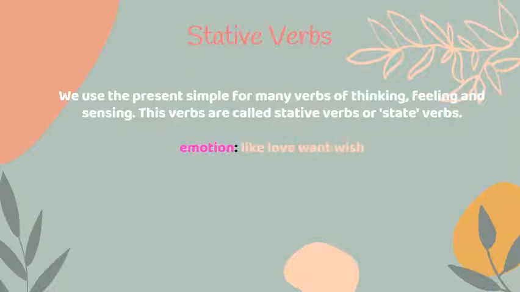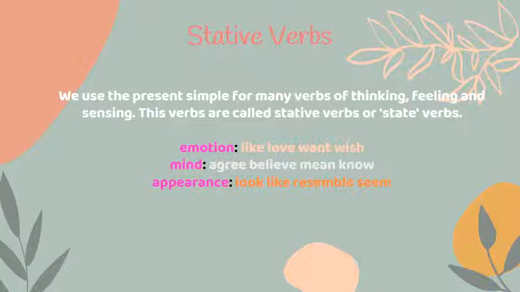Emotion verbs, we mean feelings, like love, want, wish, feel. Mind, or thinking: agree, believe, mean, know, think. Appearance, to talk about the appearance, we use the simple present tense: look like, resemble, seem.